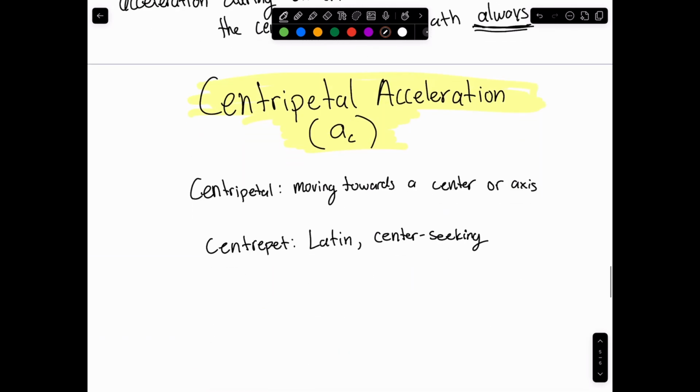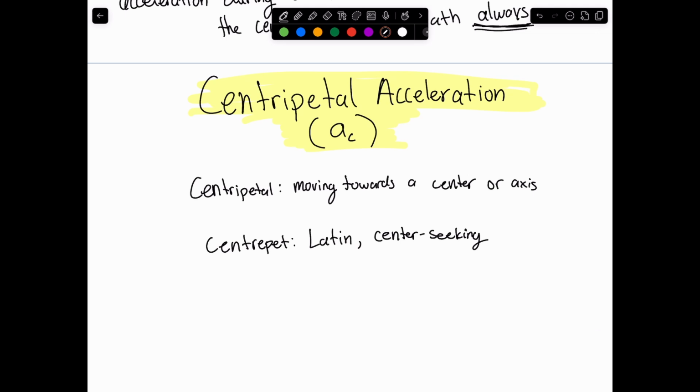It's great and all that I've explained centripetal acceleration, but how do we actually calculate such a thing? Well, you can find centripetal acceleration from the speed and radius of the path being taken.